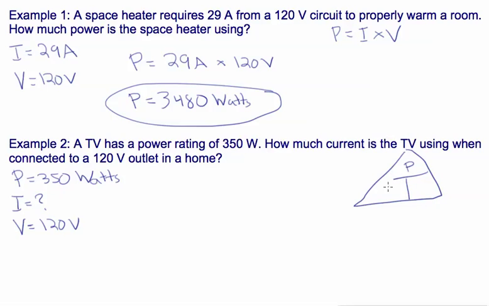Power, current times voltage. We're solving for current. We have P divided by V. We have 350 watts divided by 120 volts, and you get 2.9 amps.